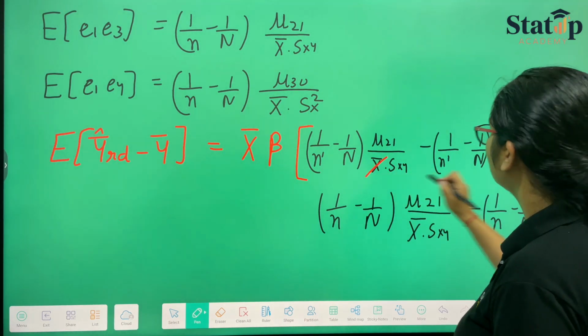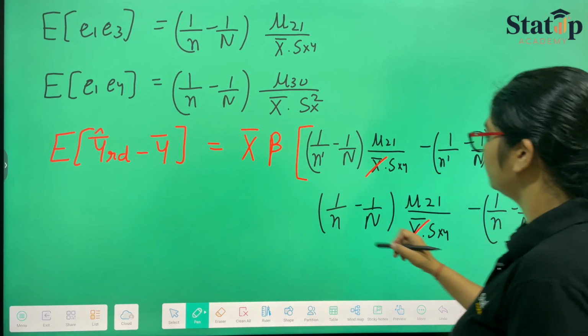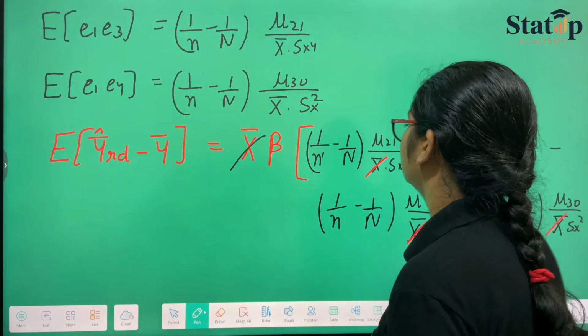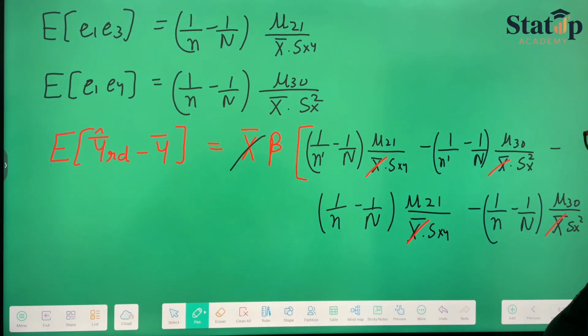So all the x bars are common in the denominator, which get cut out with this x bar.